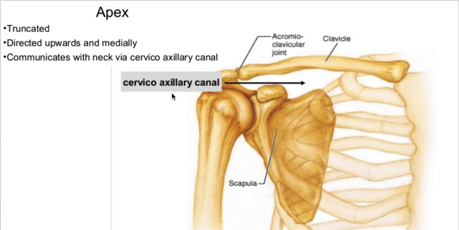So coming to the apex, it has been described as the cervico-axillary canal in the sense that it gets the contents from the cervical or the neck area into the axilla. And this is a truncated structure which is directed upwards and medially, and it communicates with the neck.